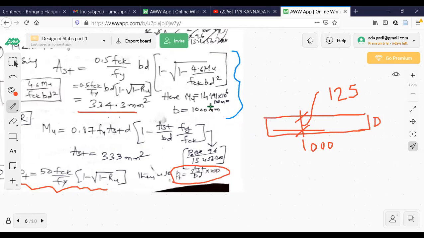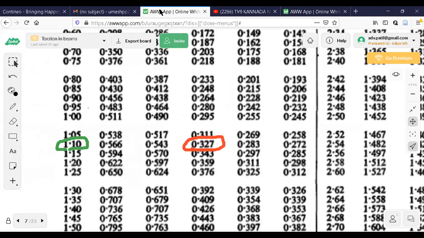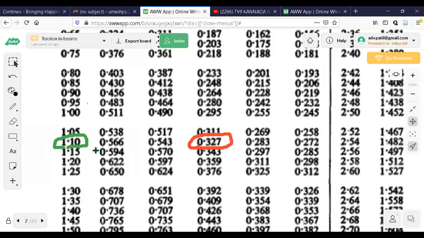So Mu is 14.2 into nearly 10 raised to 6. I'll substitute in Mu by bd square, b is 1000 for slabs, d square is 125 raised to 2. If I do like this, I checked it here, I am getting 0.908. What is that? Mu by bd square.